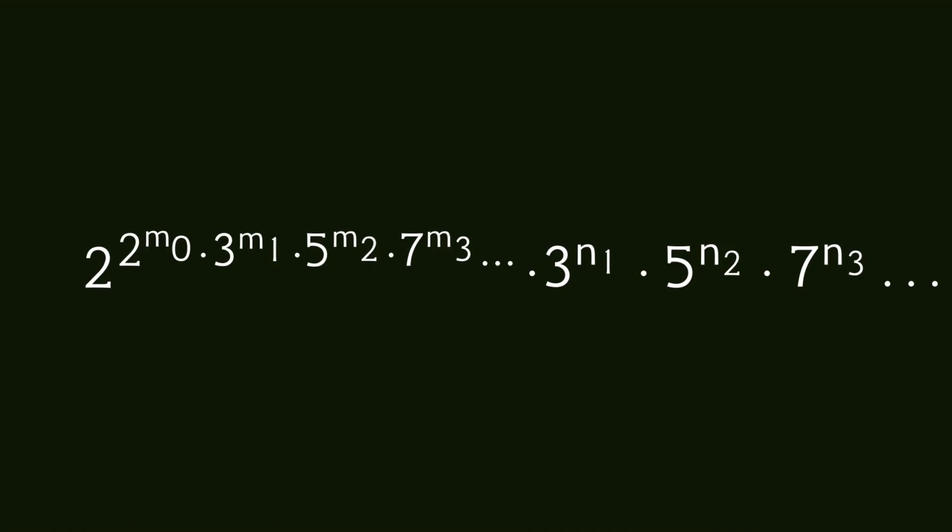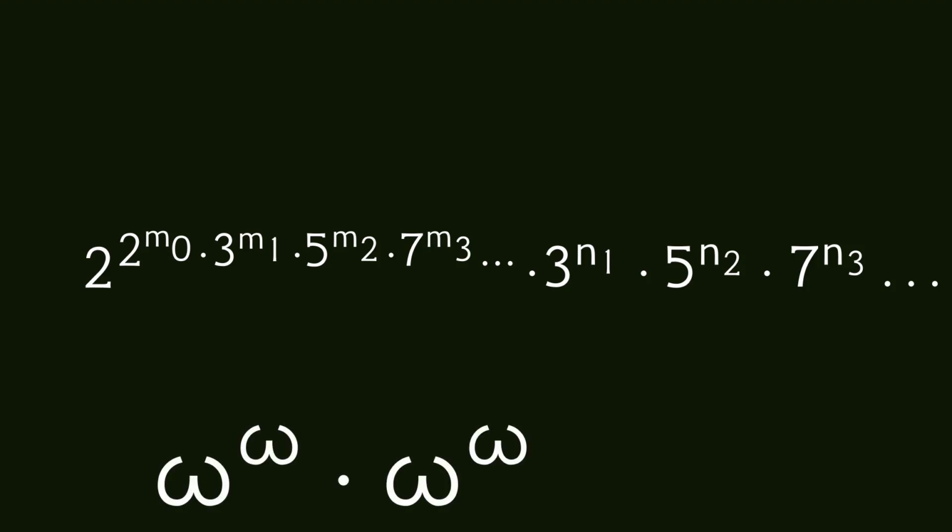We then have that the 2's exponent is a copy of omega to the omega, and the rest of our prime factorization is another copy of omega to the omega. Therefore, we have an ordering that is in total omega to the omega times omega to the omega, which can be simplified to omega to the omega times 2.